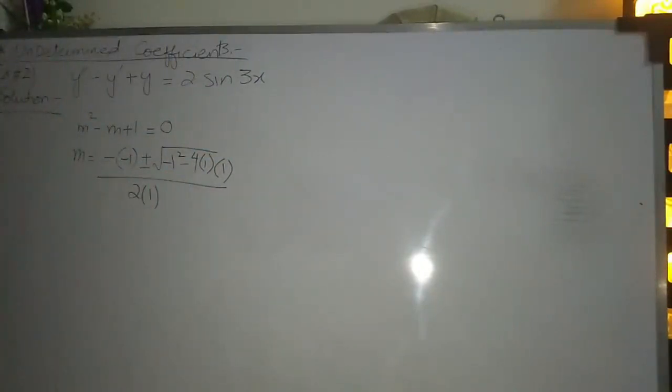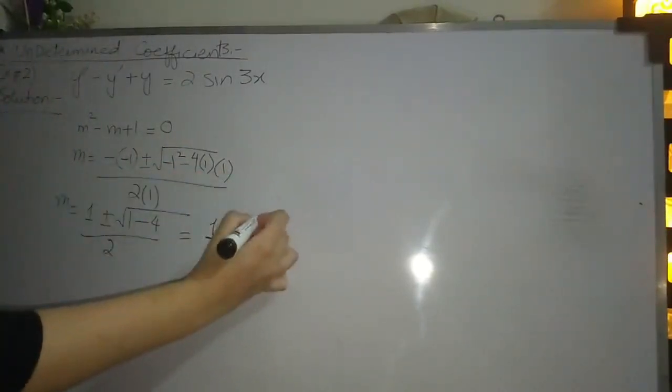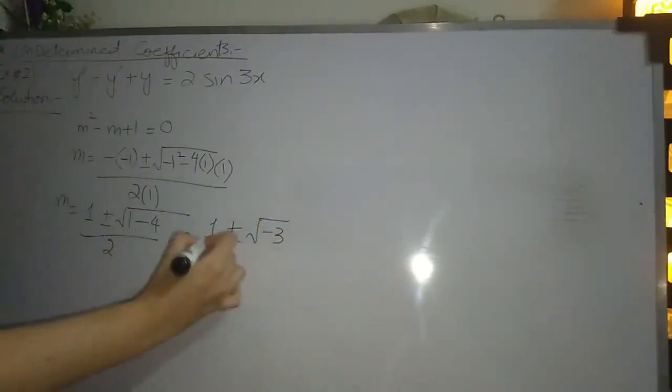And I split it into different forms after solving. That becomes 1 plus or minus the square root of 1 square, which is plus 1, minus 4, divided by 2. So I can see that it is becoming a root of minus 3, divided by 2.